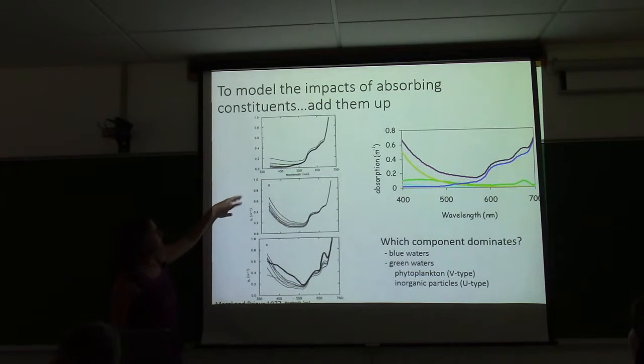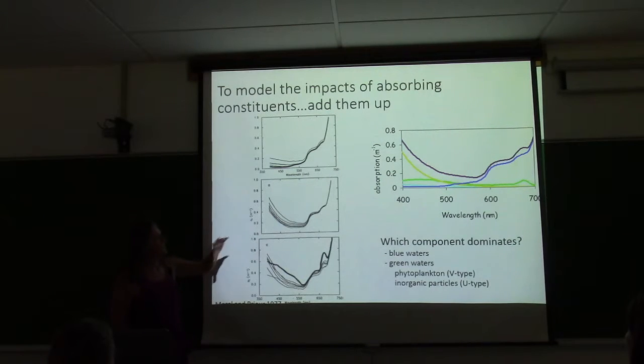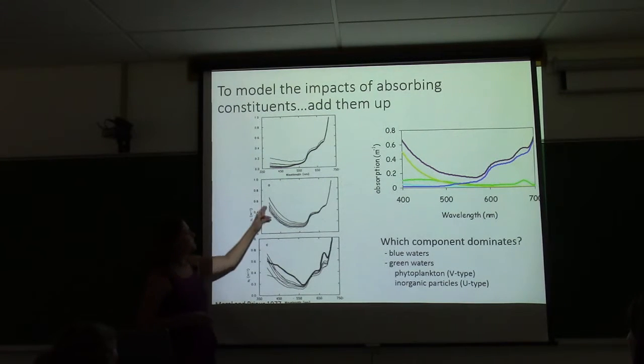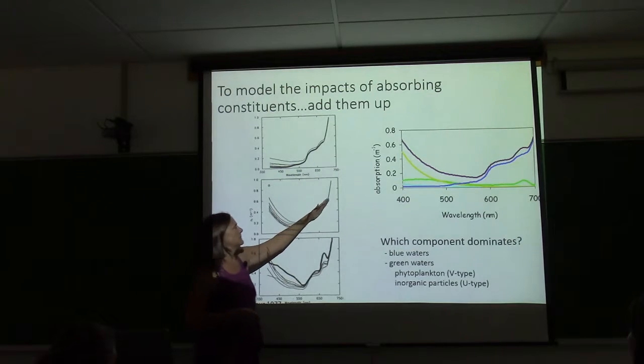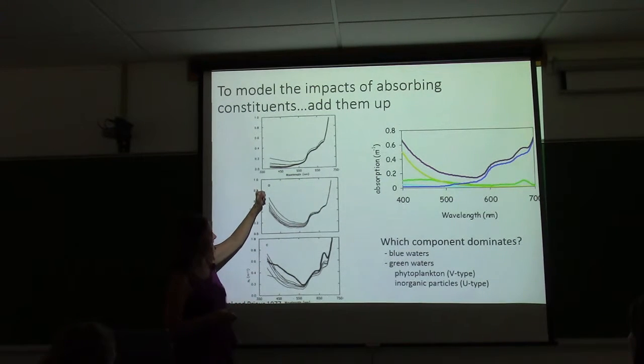But these are examples of the total absorption spectra for different waters. And they came to describe these as sort of regions which are dominated by water, regions where the absorption has this U-shaped characteristic, upside down, or this U in terms of the spectrum.